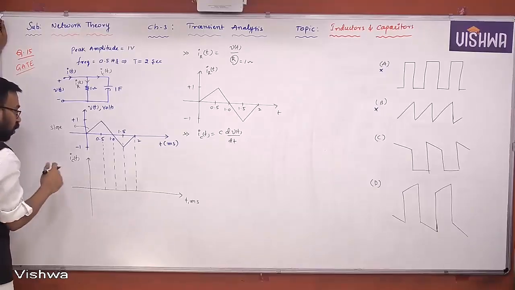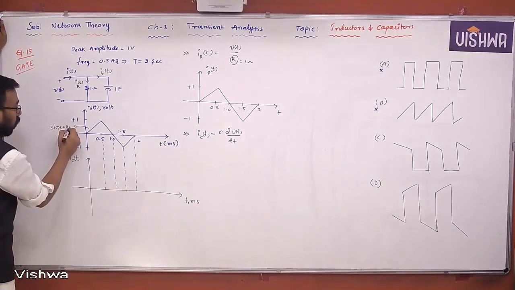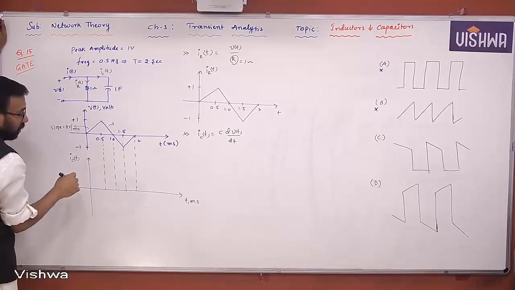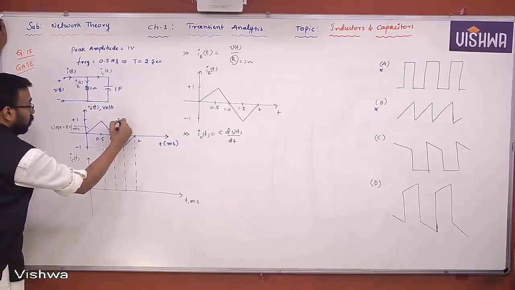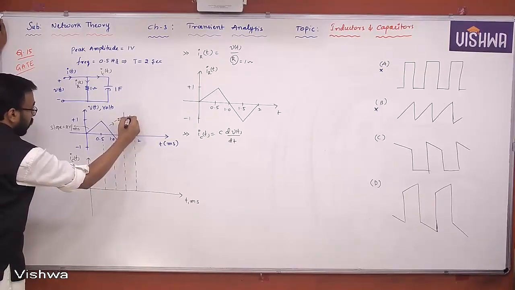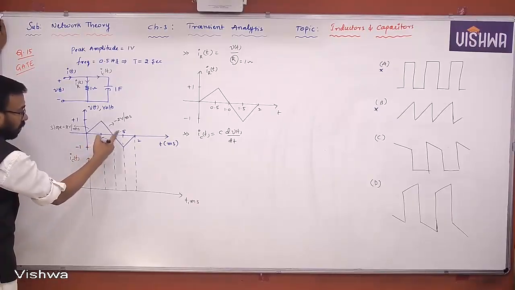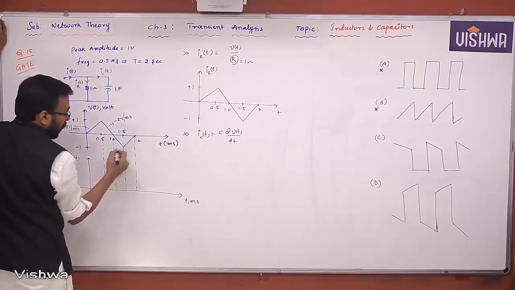It is nothing but 2, so 2 volts per millisecond. Yes or no? What about this? This is also the same, right? But it is a negative slope. This is also minus 2 volts per millisecond, because of the symmetric waveform, you can see here plus 1, minus 1, 0.5, 1, 1.5, 2. What is the slope of it? You can find the slope, okay?